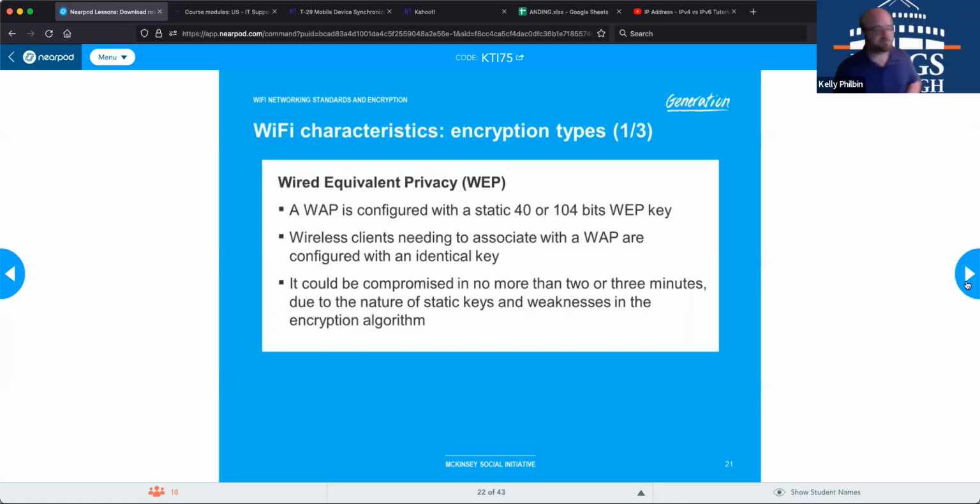Unfortunately, this is a fully cracked security protocol. Any basic hacker can rip through this standard in about 2 to 3 minutes.